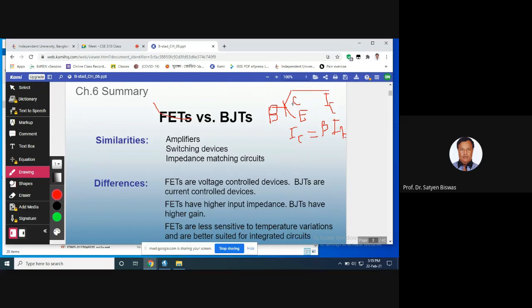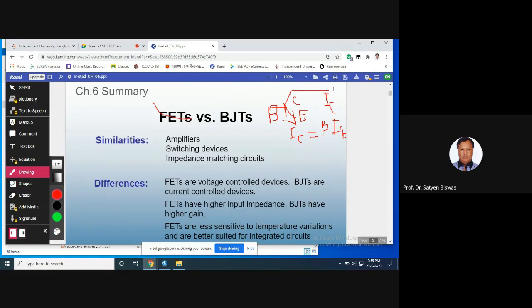If we consider this one an NPN transistor, when you apply, let's say, 0.7 volt or 0.8 volt at the base, with a resistance at the base terminal, then a little amount of current will flow into the base terminal, and this transistor will be turned on.